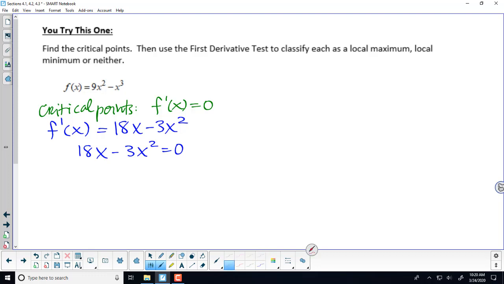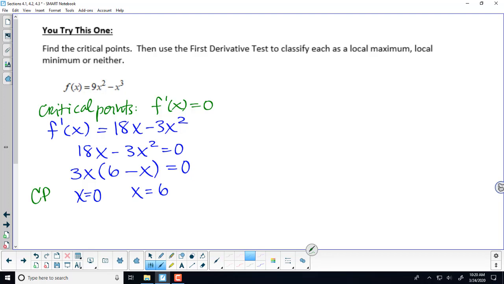Remember, factoring is a big thing for solving polynomial equations. So greatest common factor is a 3 and an x. So if I factor out a 3x, I get 6 minus x as my other factor. Set each factor equal to 0, and I would get x equals 0 or x equals 6. Okay, so these are my critical points.